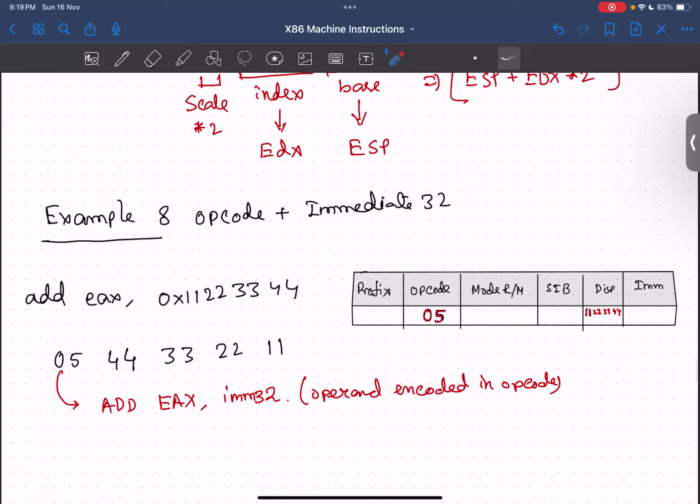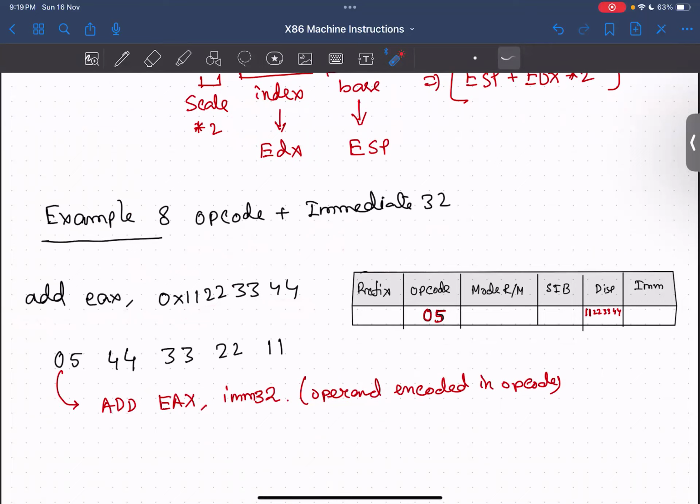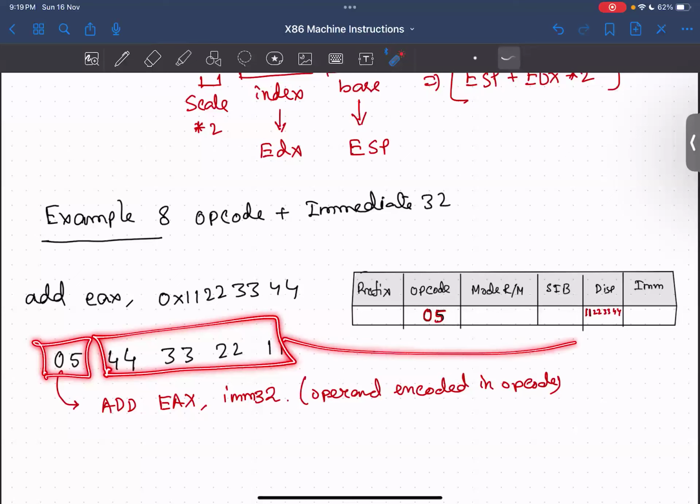Okay. Now let's look at another example. This one just utilizes opcode and immediate value, and it looks something like this. You have add EAX and this particular number. So basically you do EAX equal to EAX plus whatever number you have. If I look at the byte code and map it to the x86 instruction, this is the opcode, and this is the immediate value.